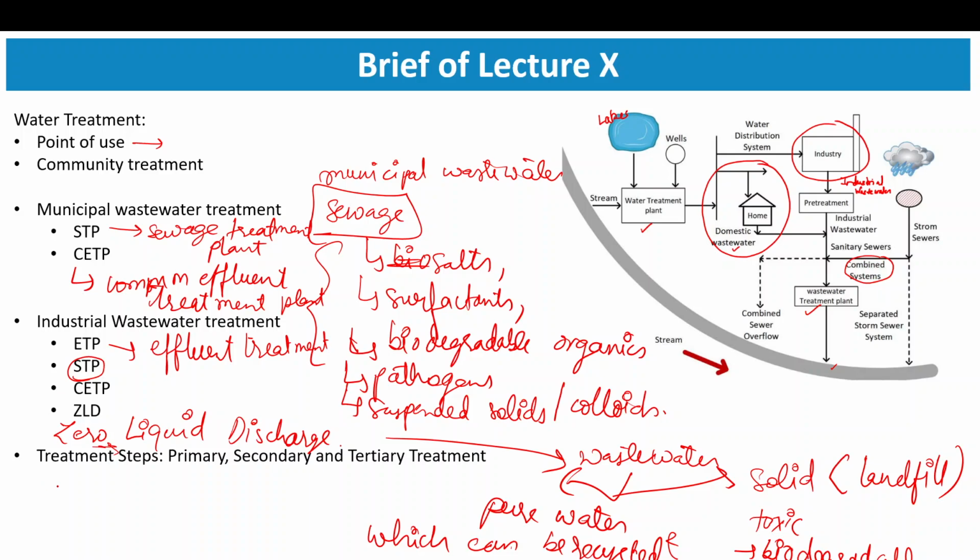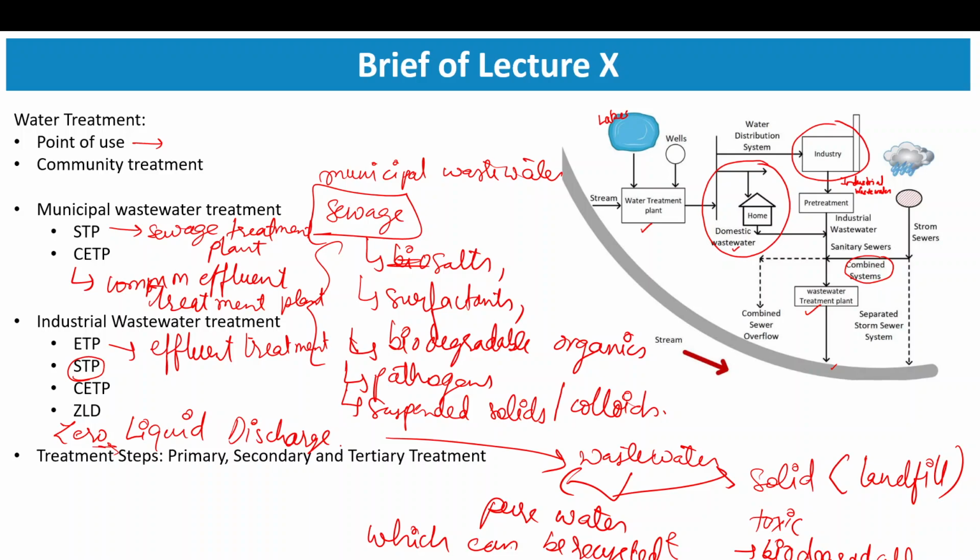Now next, for treatment of such wastewater, there are basically the treatment steps. They are divided into primary, secondary, and tertiary treatment. So first, the primary treatment takes care of removal of suspended solids and bulk material by sedimentation and equalization.